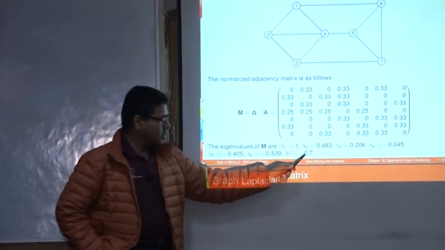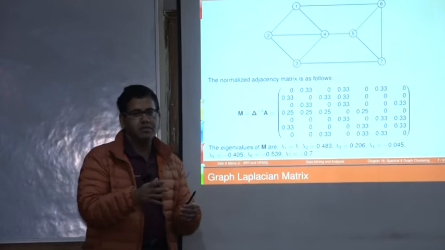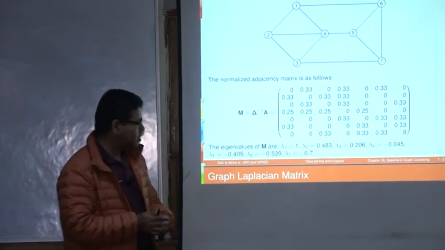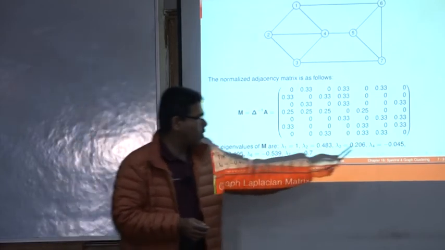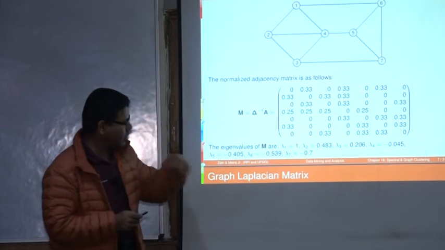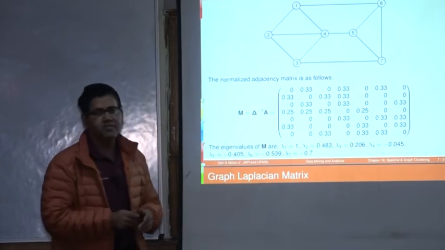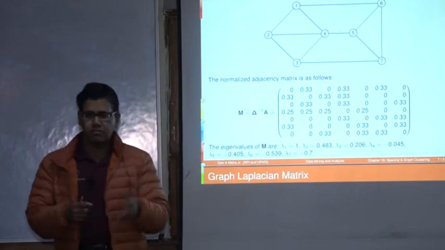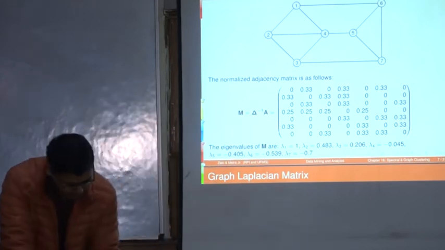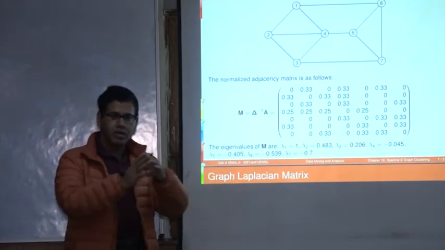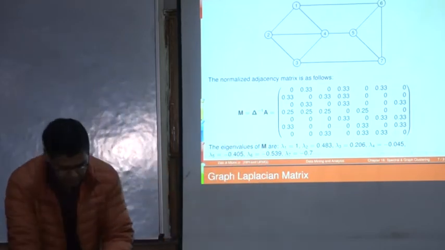The smallest in terms of value is -7, but in terms of magnitude, the smallest is 0.045 in terms of the absolute value. I'm not showing the eigenvectors here, but we'll be talking about these eigenvectors and eigenvalues. And these are all of them, so it's not just the dominant one. We're looking at all the eigenvalues and all the eigenvectors.